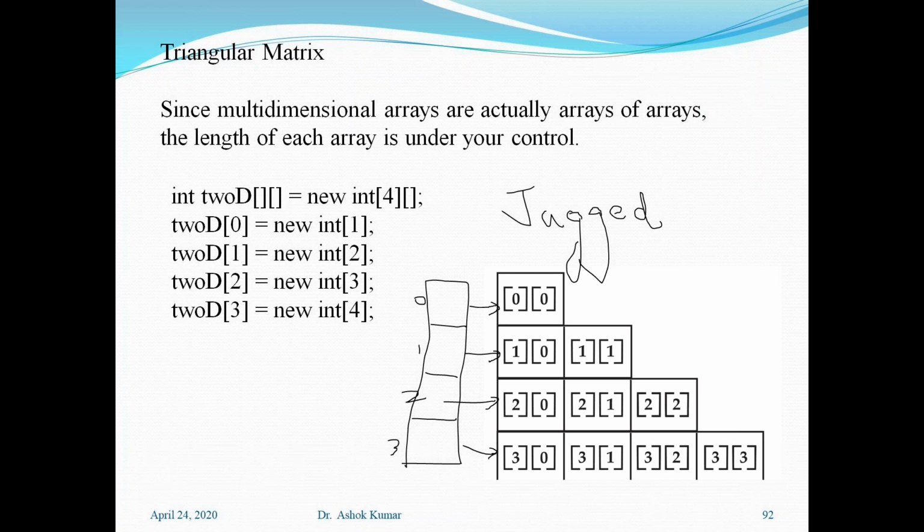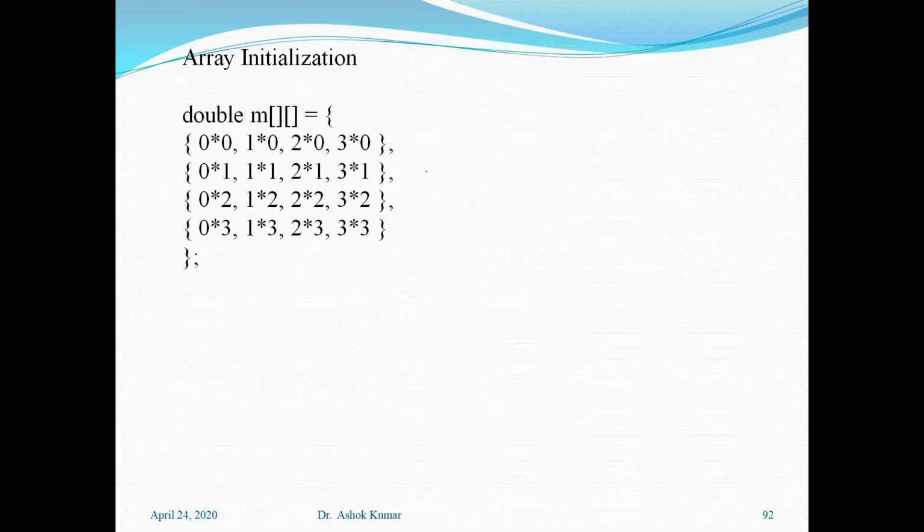So here's another slide, for the initialization of the 2D array. Just like the 1D array, if you are initializing a 2D array, you need not allocate the memory explicitly. Java will automatically allocate the memory for the array elements. So how do you initialize that? Let's note that syntax.